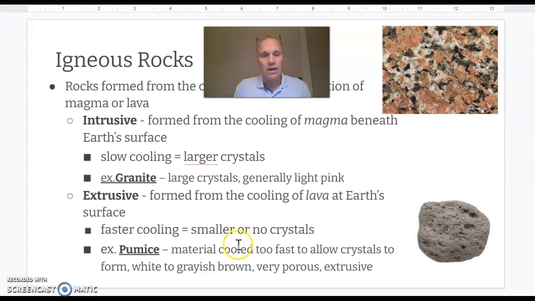But the thing about this is that since it forms on the surface of the earth, it cools really fast. Because of that, you're not going to get very large crystals. So if you look at this rock right here, you don't see crystals in it in the same way that you would in the granite up here.